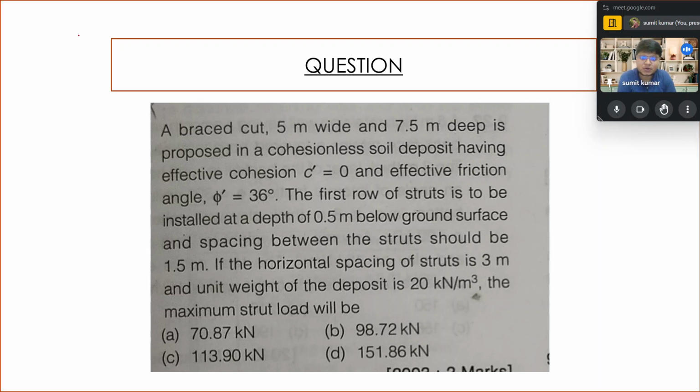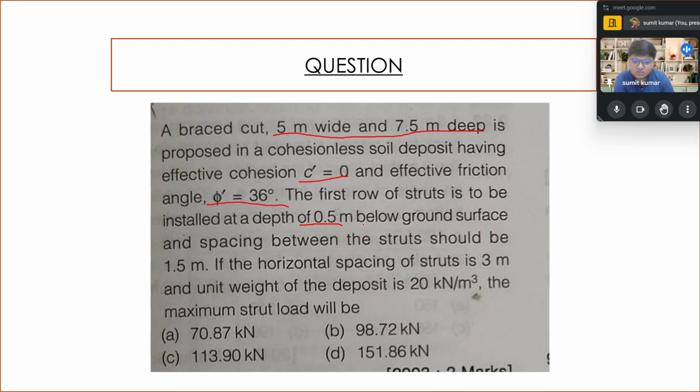So what are the important things mentioned over here? First of all, it is mentioned that the cut is 5 meter wide, 7.5 meter deep, proposed in a cohesionless soil, that is C equal to 0 and phi equal to 36 degree. The first row of strut is installed at 0.5 meter below the ground.